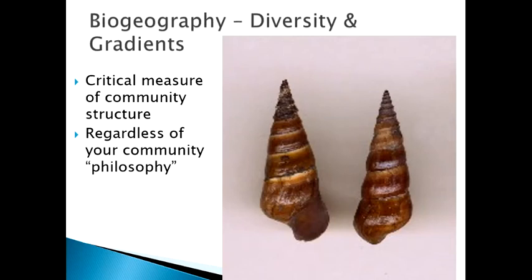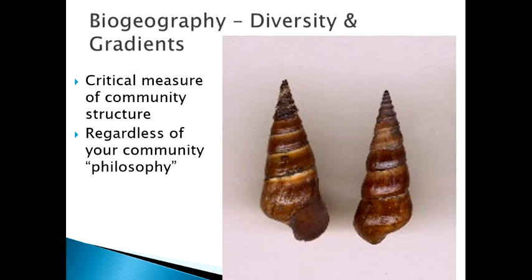Now we need to discuss the whole topic of diversity, which is very important in ecology but also biogeography as a critical measure of the structure of a community or province or whatever ecological entity you're looking at. And this is going to work regardless of your philosophy.